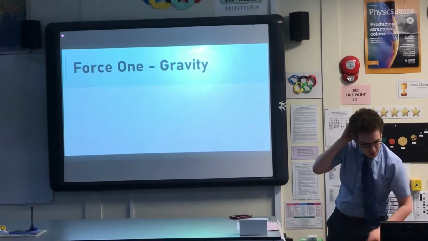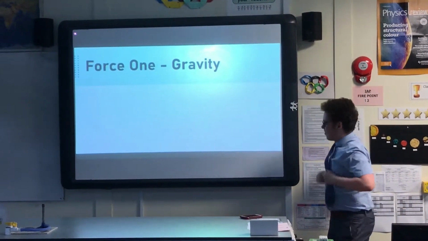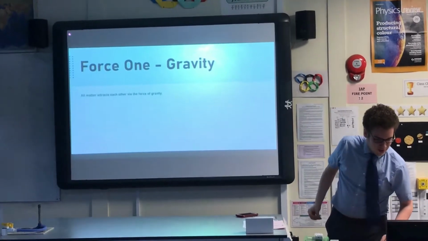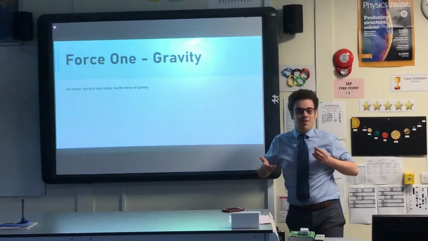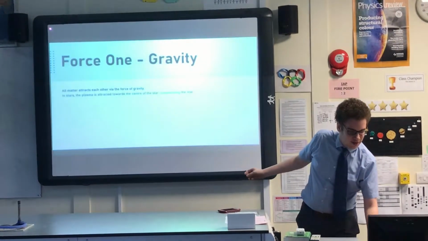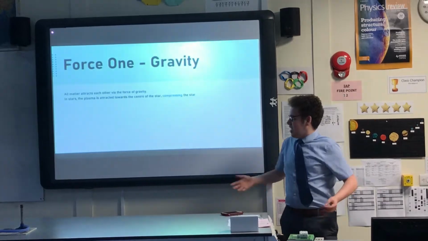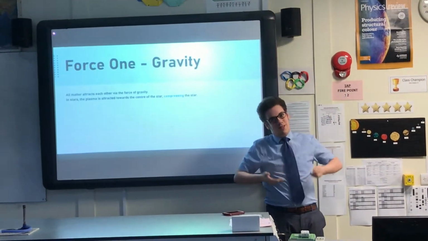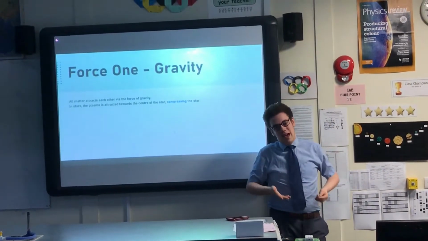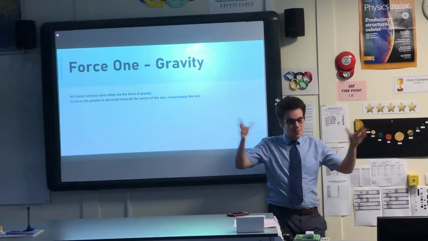So let's talk about one force, gravity. All matter attracts each other via the force of gravity. That's very well known. So in stars, the plasma is attracted towards the center of the star, which is called the center of gravity, which is normally at the center of mass, and it compresses the star.